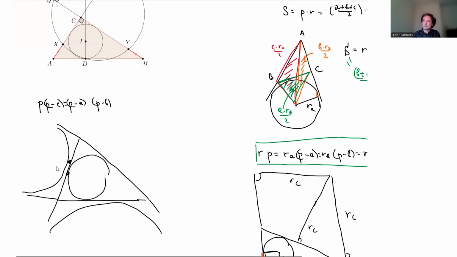Maybe not x circle here, but an x circle here.